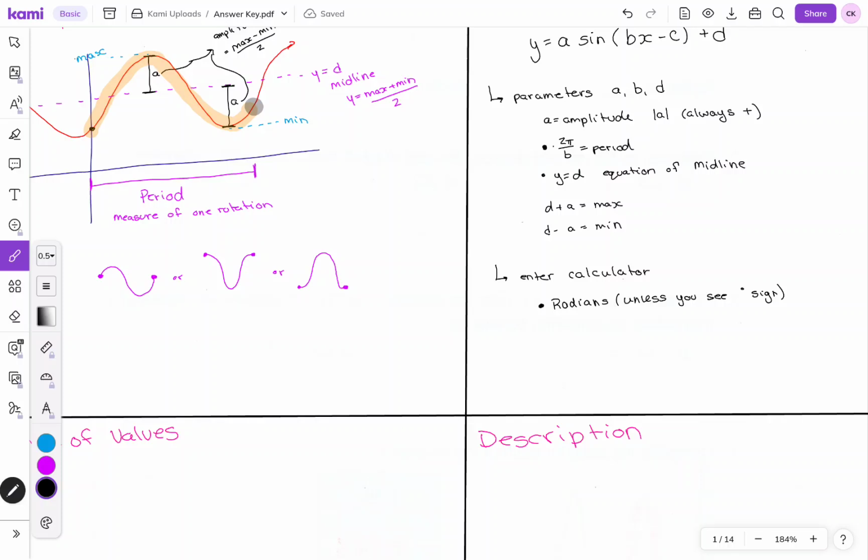And you can use the characteristics, so use your parameters, the information you got up here, to help find your windows.